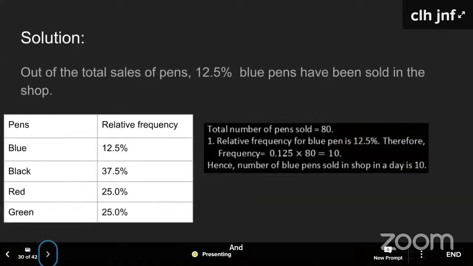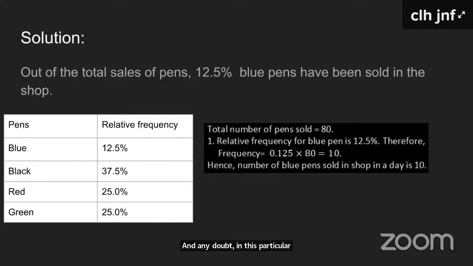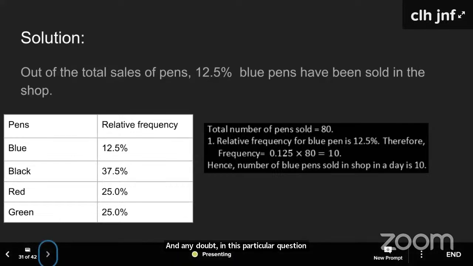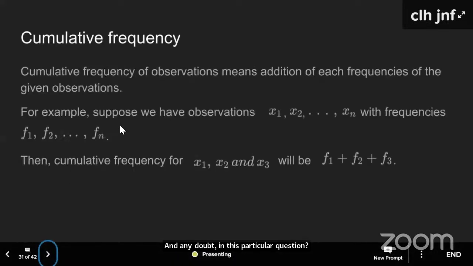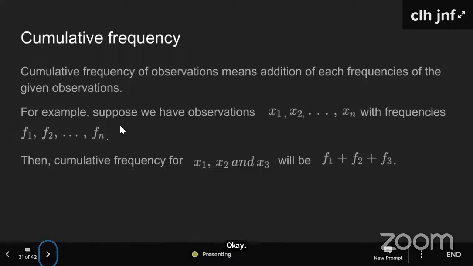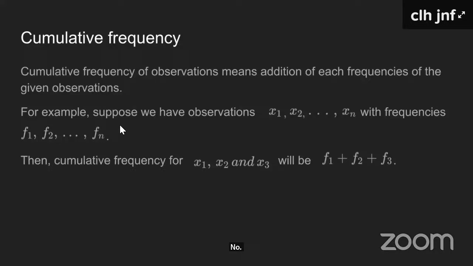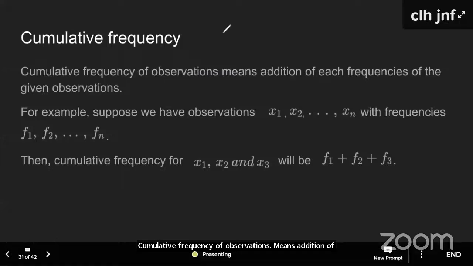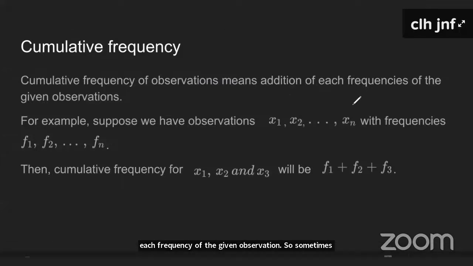Any doubt in this particular question? No, ma'am. Okay, then cumulative frequency. Someone asked a similar question in the starting, right? Cumulative frequency of observations means addition of each frequency of the given observation. Sometimes they will ask the cumulative frequency of particular categories only.